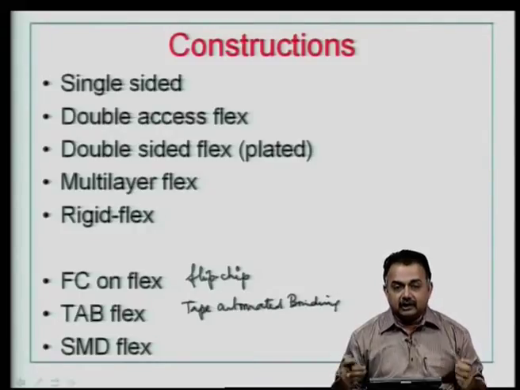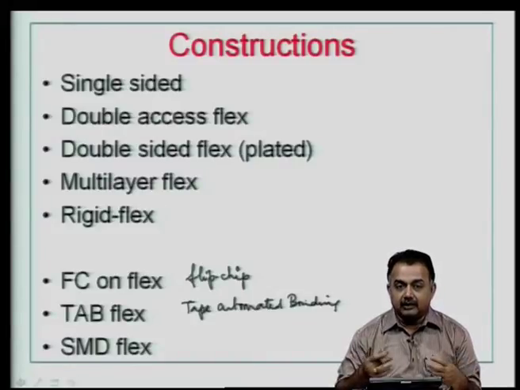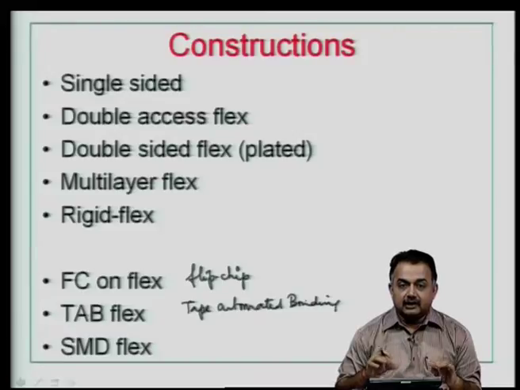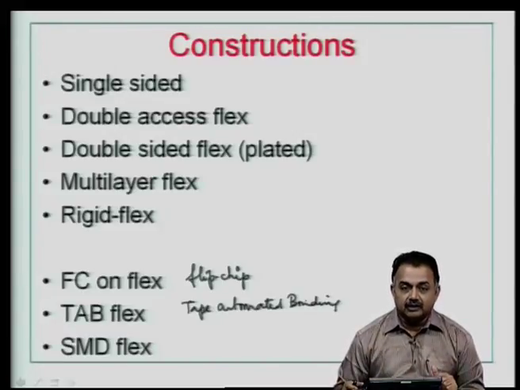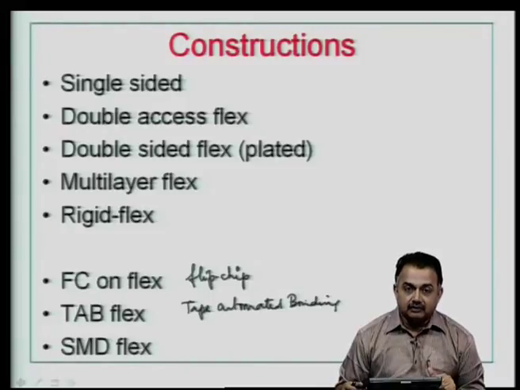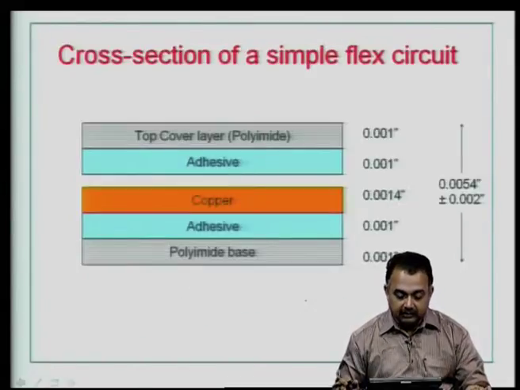Basically you can consider flex as a normal printed wiring board in which you can mount a flip chip and the normal interconnection circuitry, but then you can't bend it. But the obvious thing is that the substrate can take the stress and the strain much better compared to a rigid board. So, warpage issues are very important when you consider flex versus rigid for certain applications.